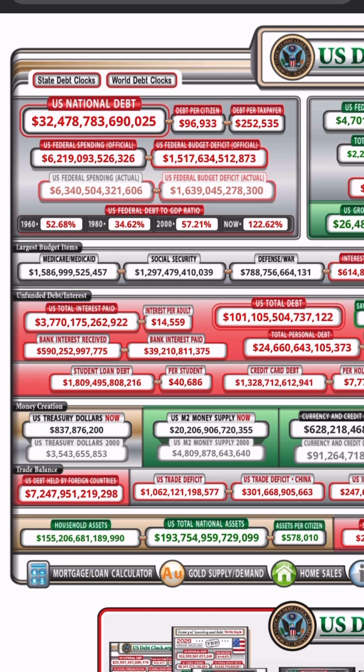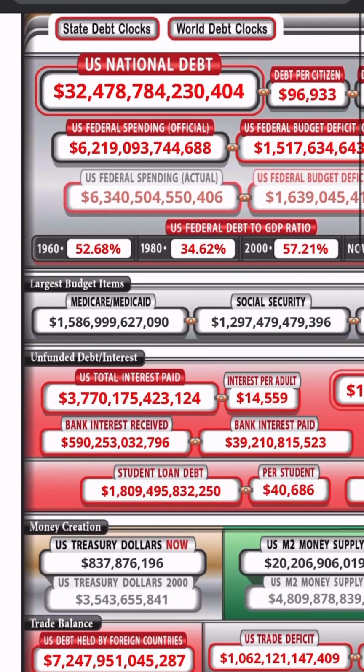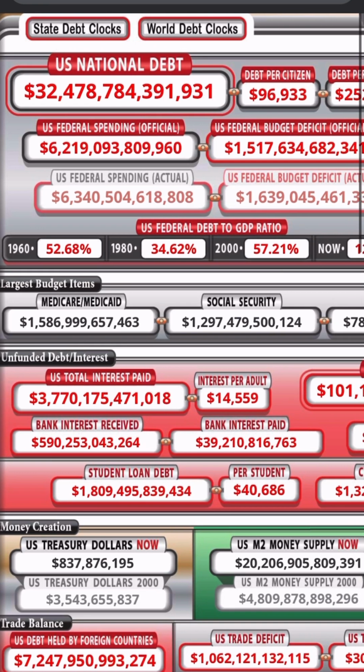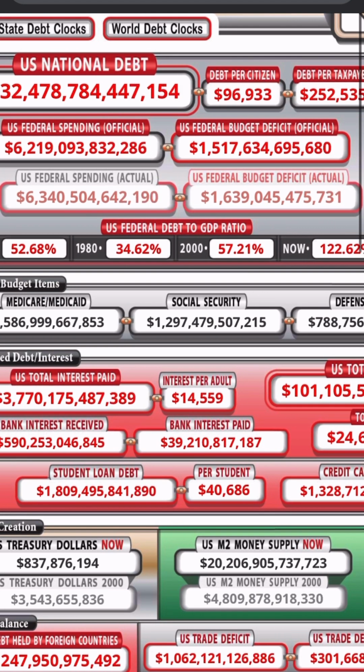But the numbers on the bottom are the actual reported numbers, and that's 6.3 trillion. And the actual deficit numbers are the ones that are collected by the federal government. If you look at these ratios and we go to 1960, we had a U.S. federal debt to GDP ratio of 52%. In 1980 it actually went down, so we were at 34.6%.